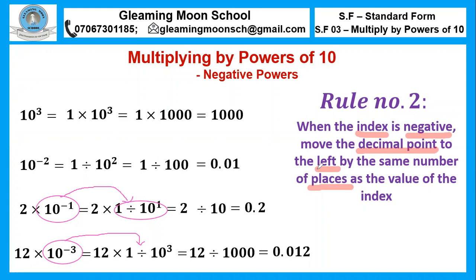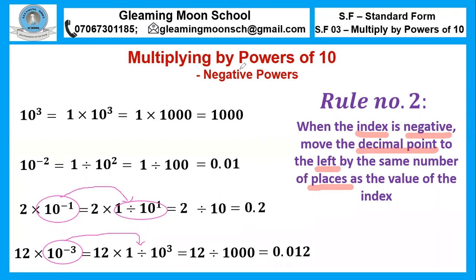If you remember what we did in powers of 10, when you have negative powers of 10, the 0 comes before the 1. But in the positive, the 0 comes after. And there is a decimal point to put in when there is a negative power. That is exactly the same thing that applies here. So a negative index power moves the decimal point to the left by the same number of places as the value.